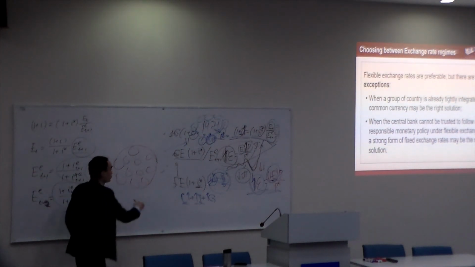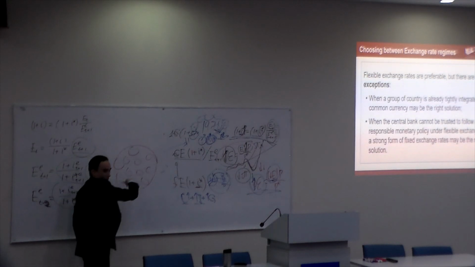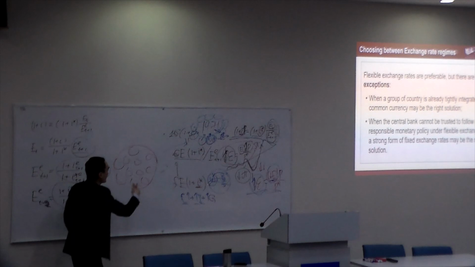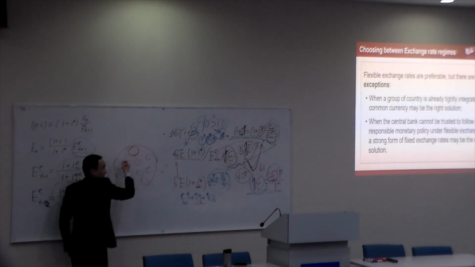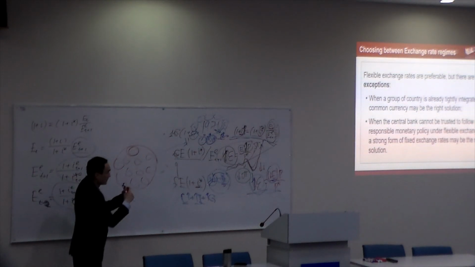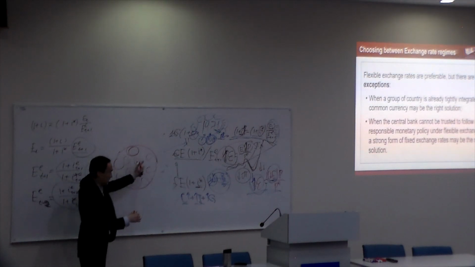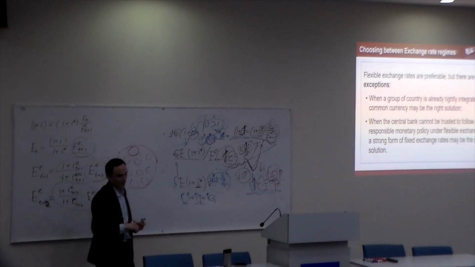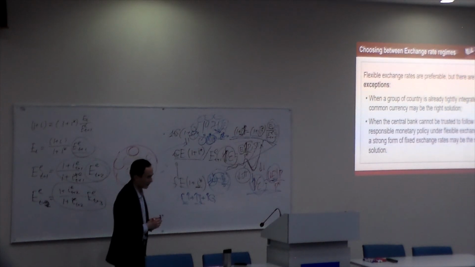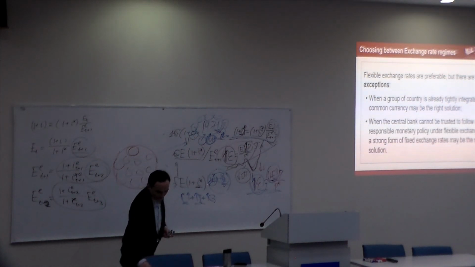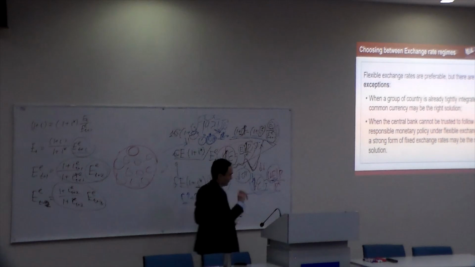Why? In order to have good trade with one another. If they do not follow the fixed exchange rate regime, there will be trade imbalance between the countries. So if it's a case like the EU, a fixed exchange rate among its members is a very good thing.